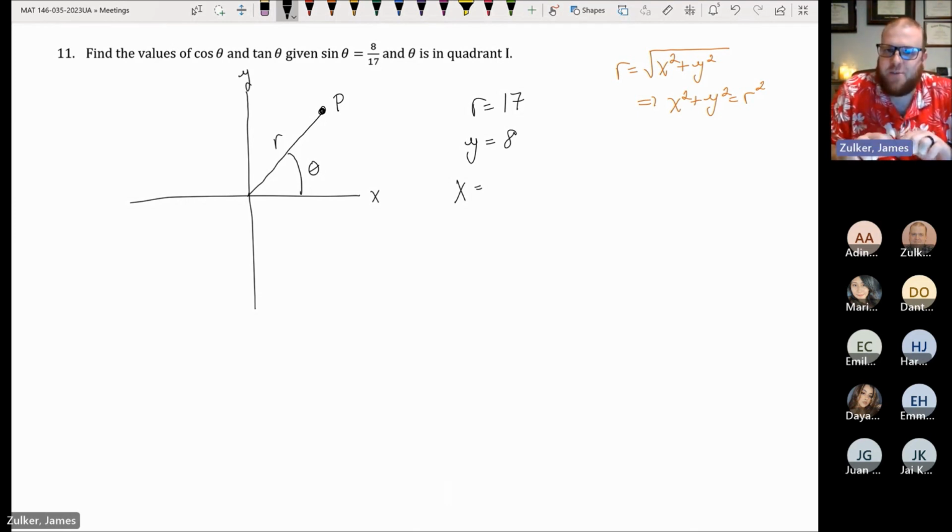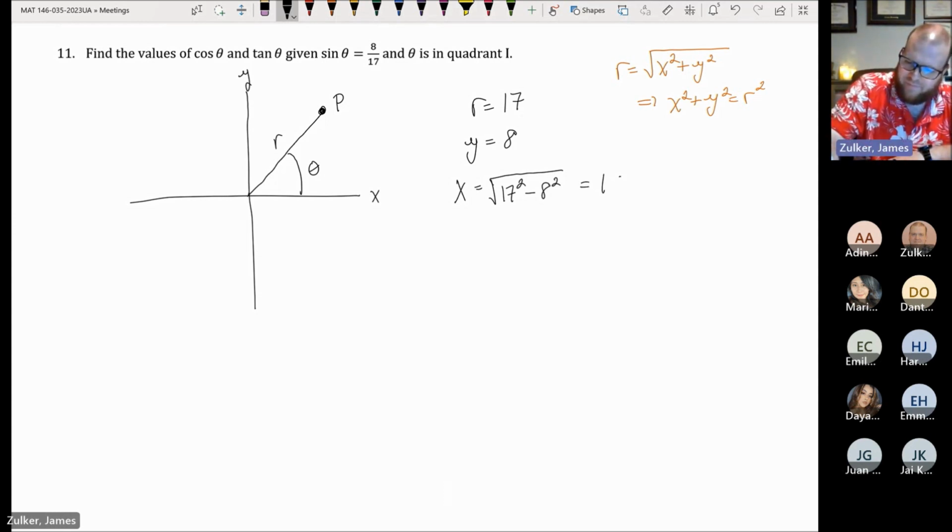From that, you find that x is the square root of r squared minus y squared. And that does give you 15.